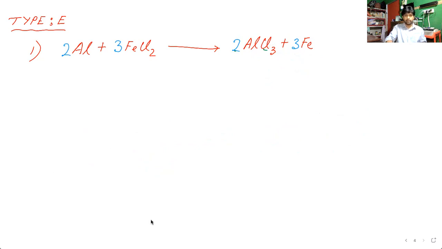Now the number 2, I am going to the number 2. Number 2, what is given? It is firstly N2, that means nitrogen, plus H2 hydrogen, arrow mark, NH3.